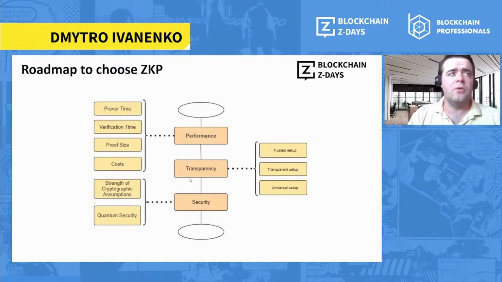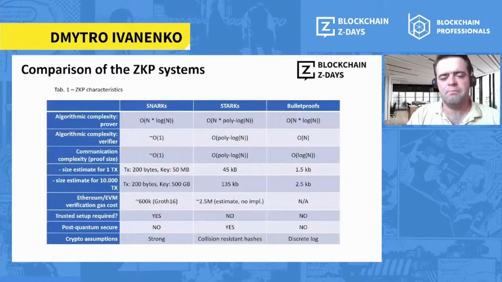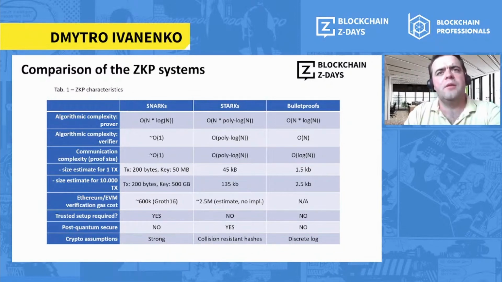Okay, and when you have this roadmap, you can choose your zero knowledge proof protocols. This slide shows the characteristics of each category: SNARKs, STARKs, and Bulletproofs, and you can compare them.